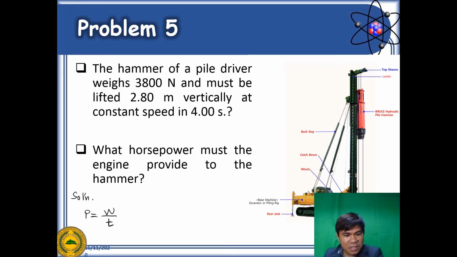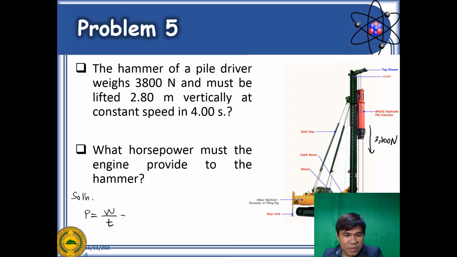So I think this is straightforward, since we are given that this hammer here will actually exert a force downward that is equivalent to the weight of this hammer, which is 3,800 Newton, and the displacement is also downward, which is equal to 2.80 meters.